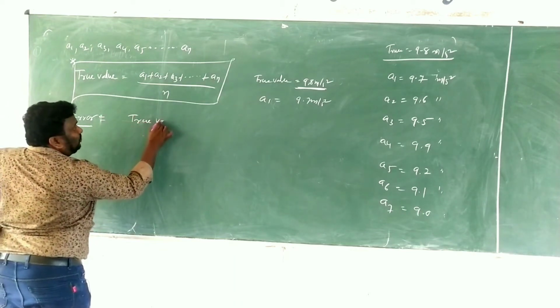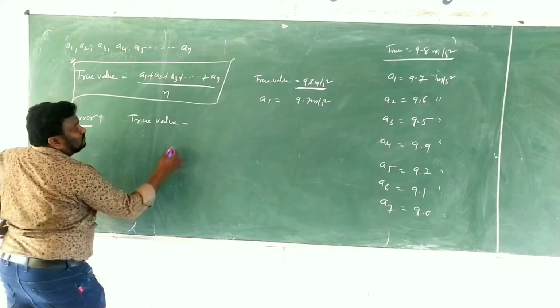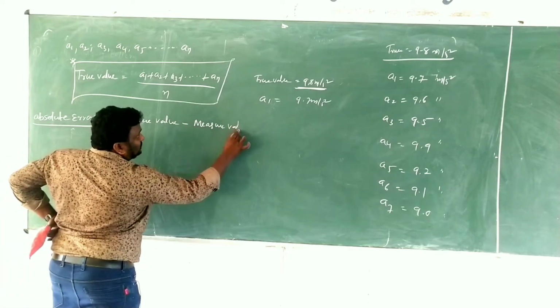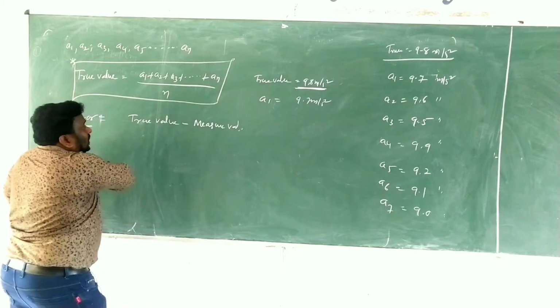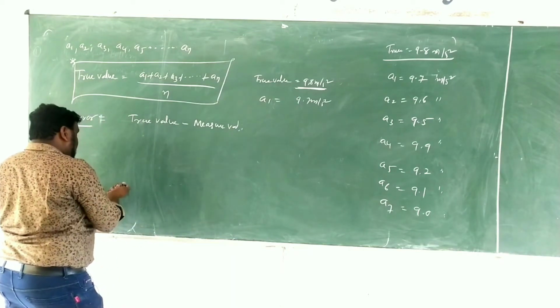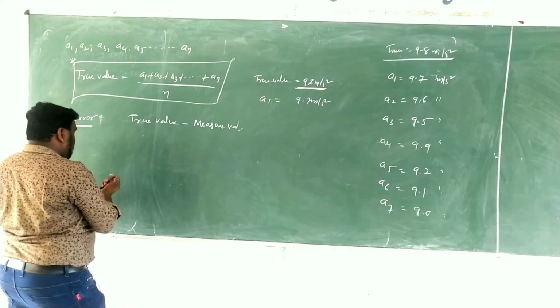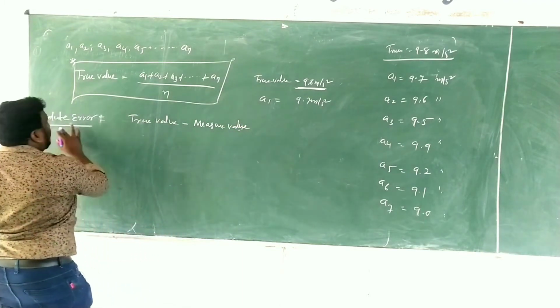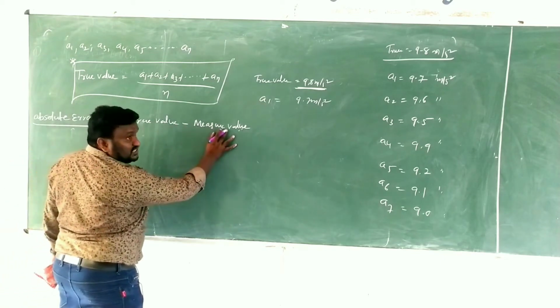true value minus measured value. Got it, children? True value minus measured value, that is absolute error. Absolute error is equal to true value minus measured value.